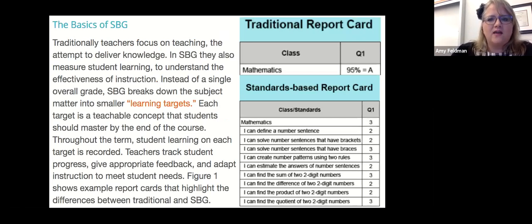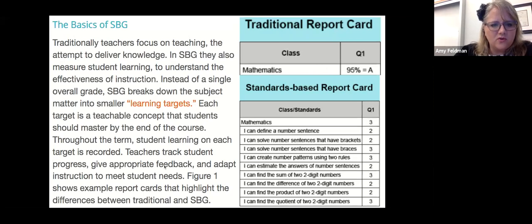So instead of a percentage, standards-based grading breaks down the subject into smaller learning targets. Each target is a teachable concept. So instead of it just saying mathematics, 95%, it's I can define, I can solve, I can create, I can estimate, okay? So throughout the term, students learn on each target, and each target is recorded.